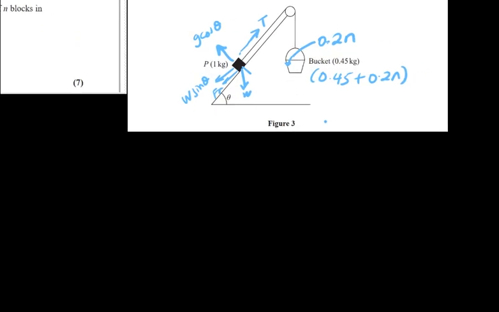Still we can say that the forces up the slope should be the same as the forces down the slope. So whenever we take tension, it should be the same as W sine theta plus friction, and we had W as G. If you can remember, W is the same as the mass of the package, which is 1 kg, times G, which is giving us G. Then sine theta, we had already calculated it.